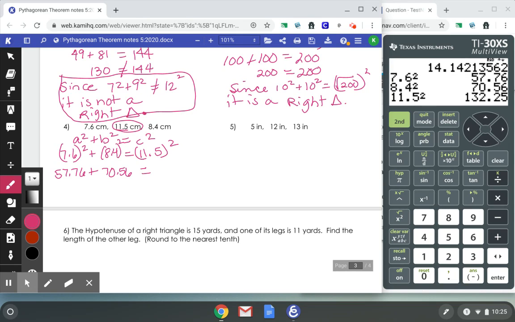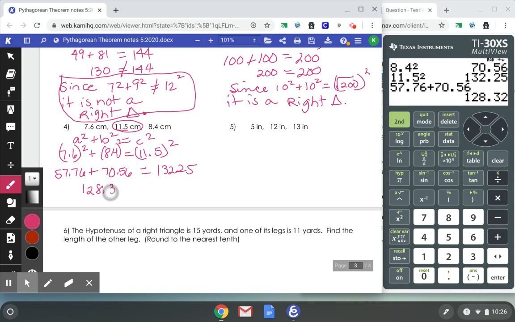11.5 squared is 132.25. All right, when I add 57.76 and 70.56, I get 128.32, which does not equal 132.25.